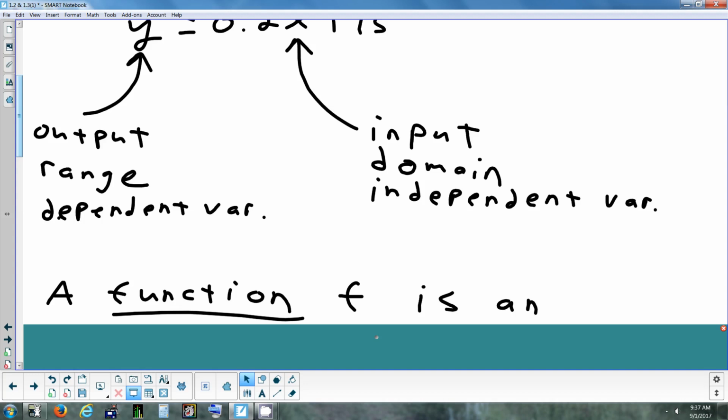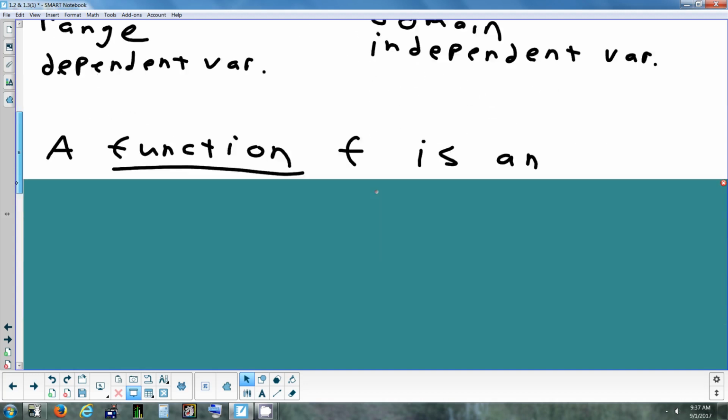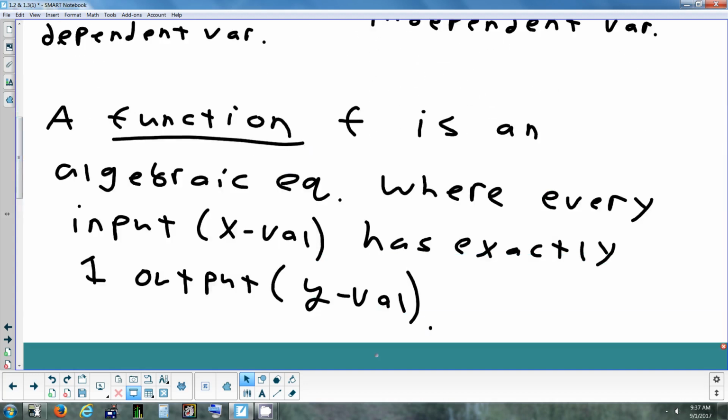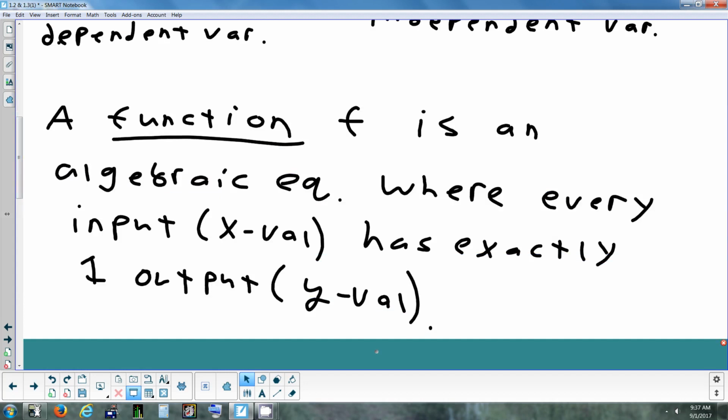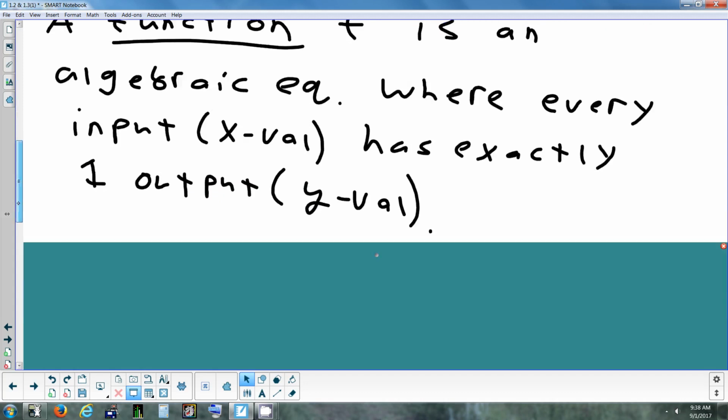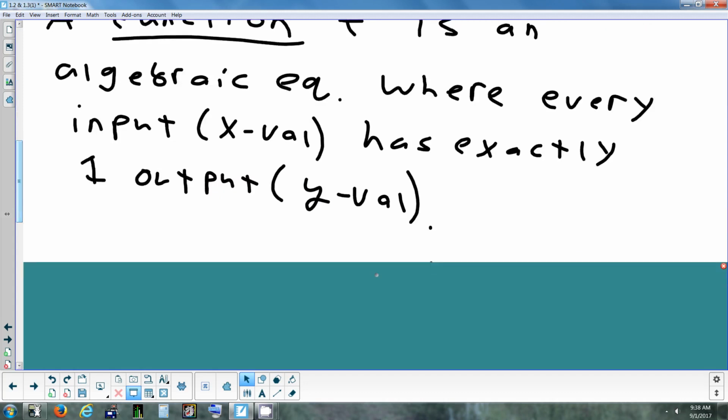Yeah, a function has to pass the vertical line test, which basically means, algebraically, every x value has only one y value. Every input has only one output. I can show you visually an example where that's not true very easily.